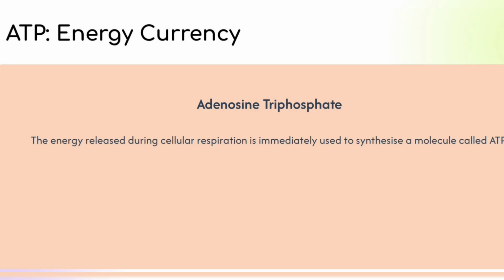This continuous cycle of ATP formation and breakdown keeps the cell running smoothly. The energy released during cellular respiration is immediately used to synthesize a molecule called ATP.